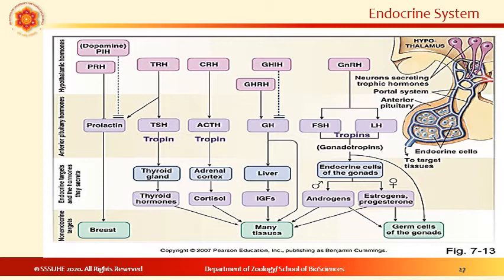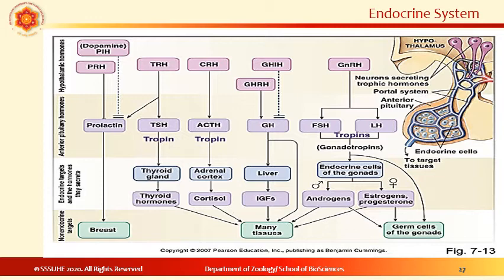First is prolactin releasing hormone, which stimulates prolactin secretion from the anterior pituitary, and it acts on its target tissue, the breast, for milk production for lactation. Next one is TRH, which acts on thyroid stimulating hormone in the anterior pituitary, which further acts on the thyroid gland to produce thyroxine, T3 and T4 thyroid hormones.